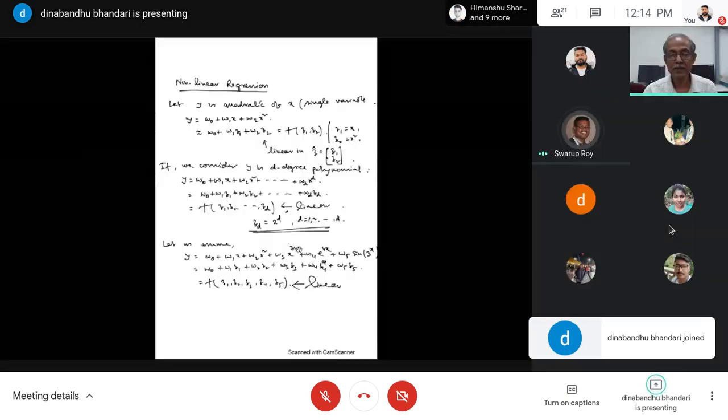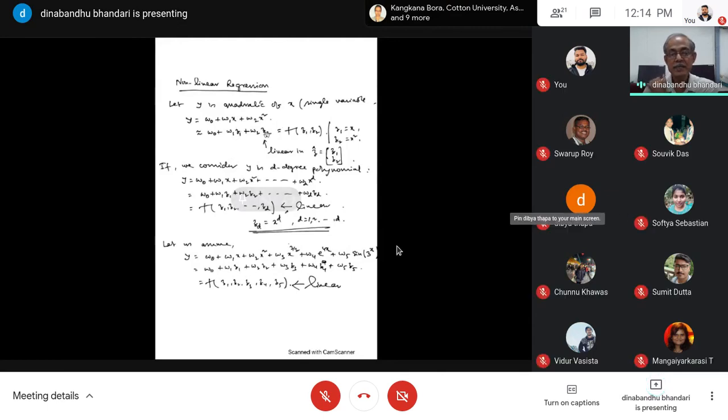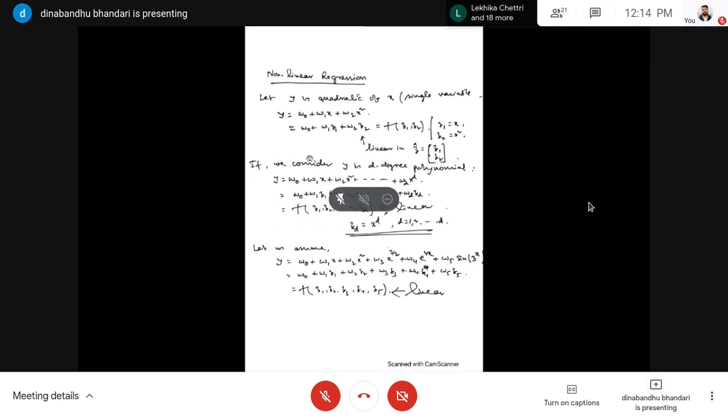Yeah, it's coming. Okay, so suppose we are considering that a single variable linear function does not work, and you feel that maybe a quadratic function will give us a better result. And what will be the quadratic function of a single variable? That is w0 plus w1x plus w2x square. This is the quadratic function of a single variable. Now you can always consider this x as z1 and x square as z2.